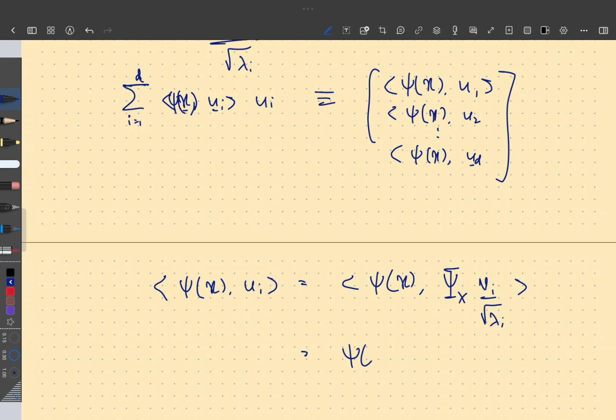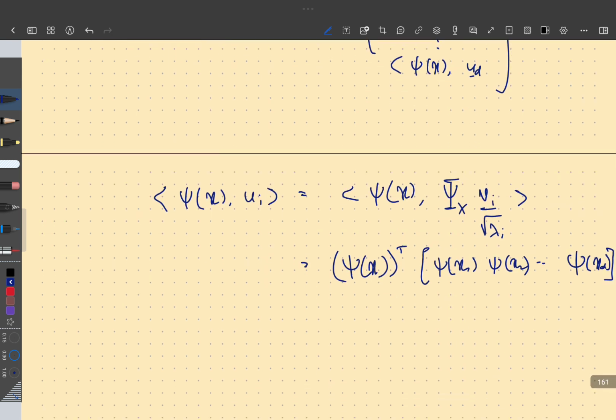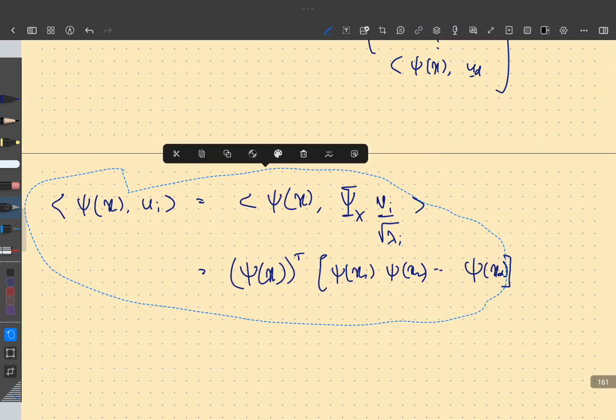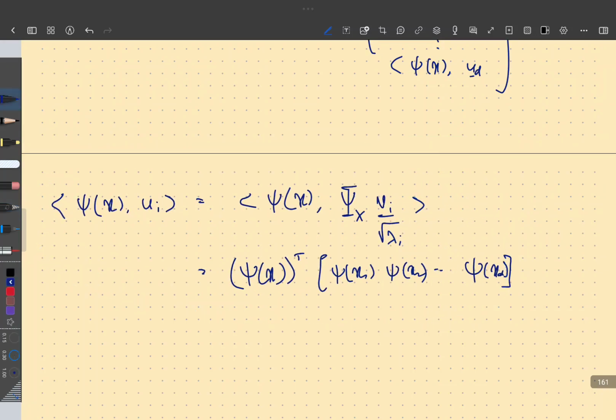So this is psi of x transpose times psi x1, psi x2, up to psi xd, times vi by root lambda i.